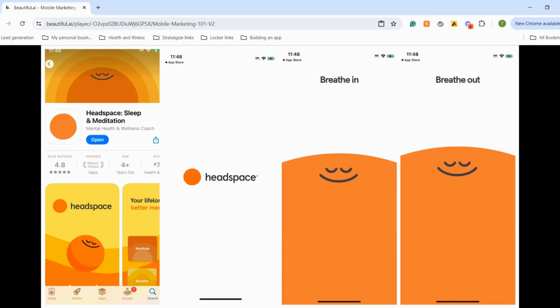Once you install the app itself, you're hit with their welcome page, Headspace, and then they get you to engage in an active exercise. They get you to already start meditating right then and there, and already see some stress reduction benefit immediately.